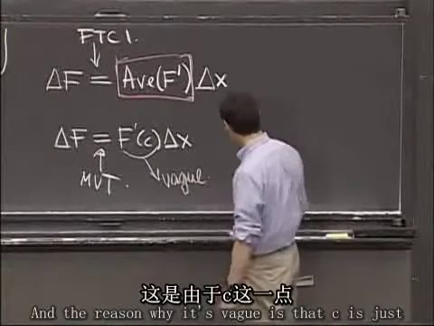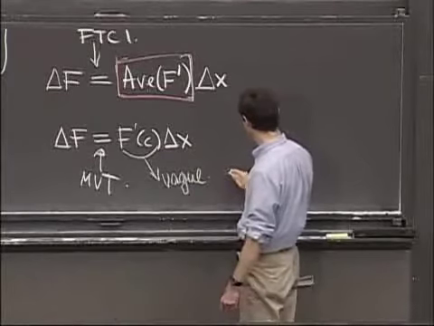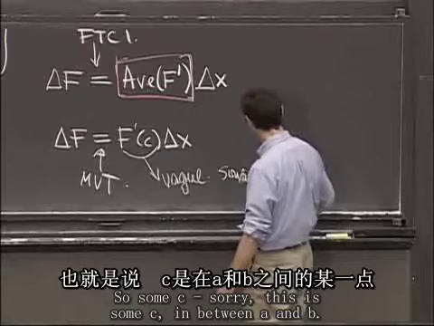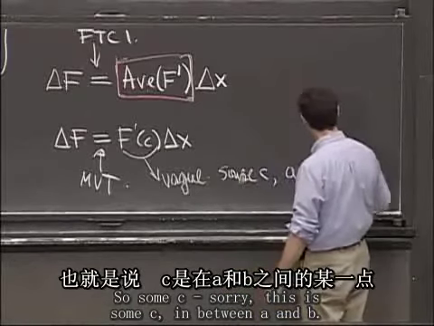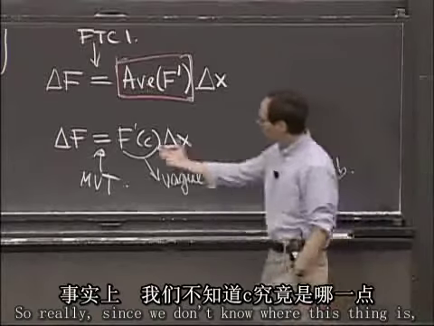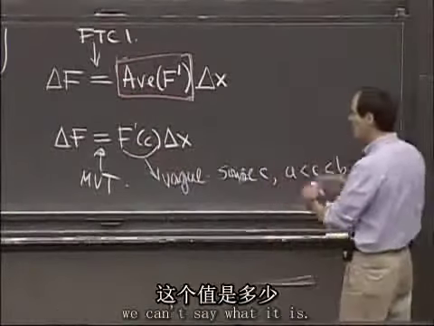The reason it's vague is that c is just somewhere in the interval, some c in between a and b. Since we don't know where it is, we don't know which of the values it is, we can't say what it is.